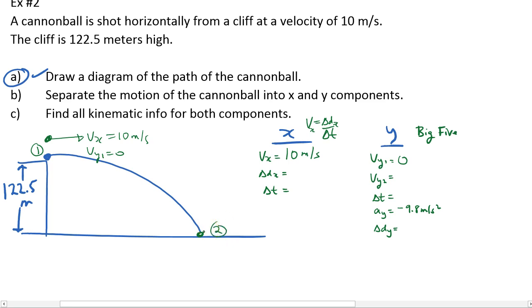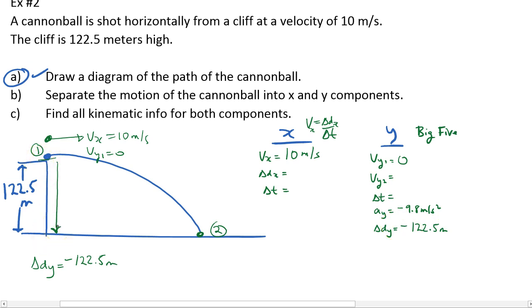Okay, so this distance of 122.5 is going to be how far it moves in the y direction. So delta dy is going to be equal to negative 122.5 meters. Why negative? Because it started from this height and moved downwards, okay?